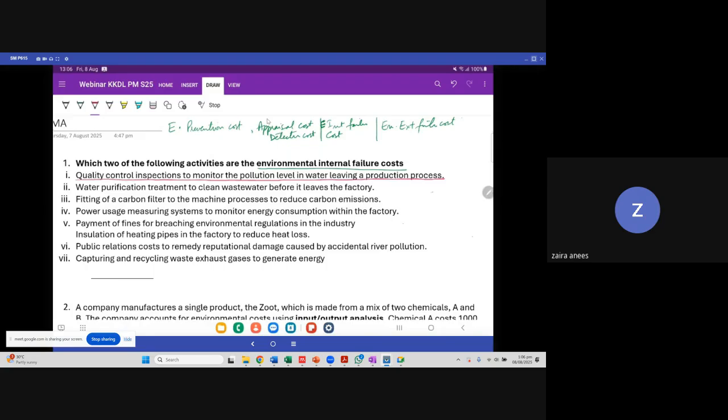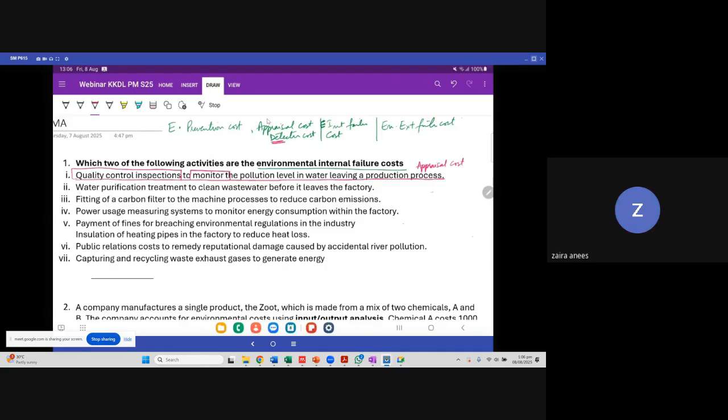Quality control inspections to monitor the pollution level in water leaving a production process. This is appraisal, I mean detection cost. Okay, fine.